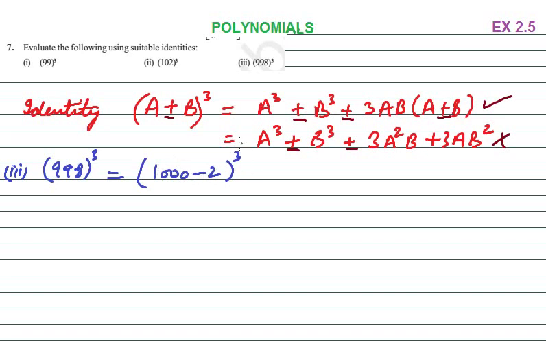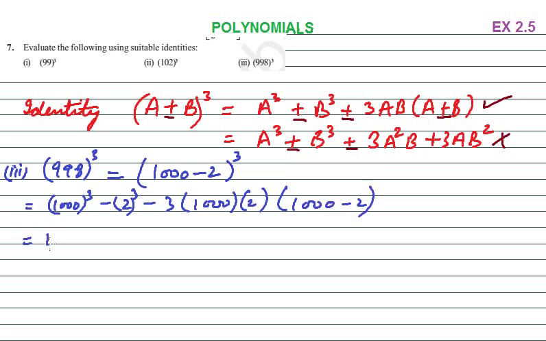So a minus b whole cube is a cube minus b cube, use brackets. Don't be a miser while using brackets. You have plenty of brackets, so use brackets, especially in cases where there are negative signs present. So be very careful with the minus sign. So a cube minus b cube minus 3ab, a minus b.